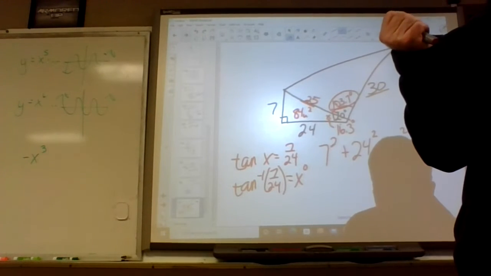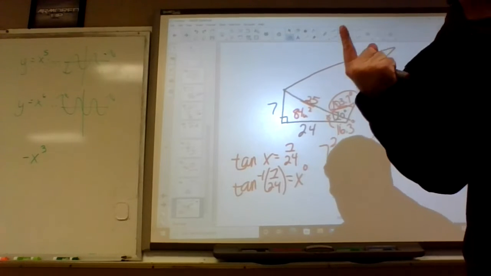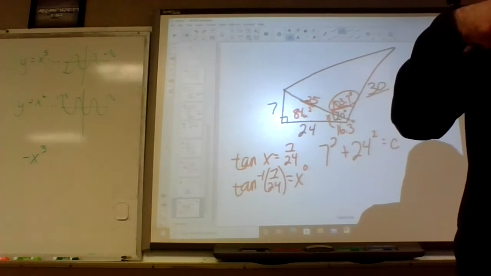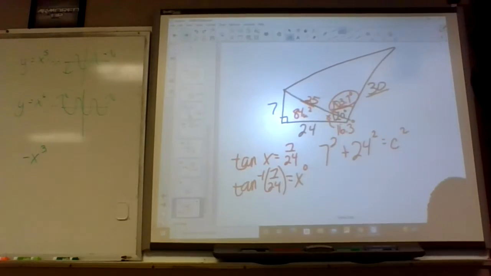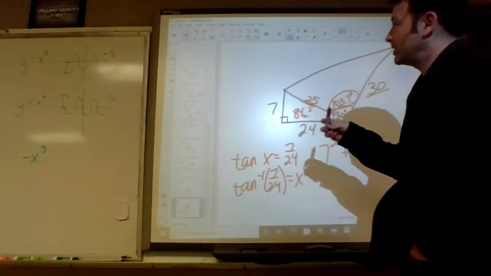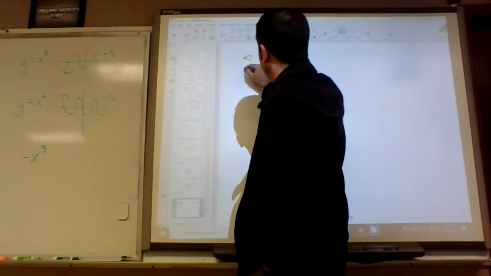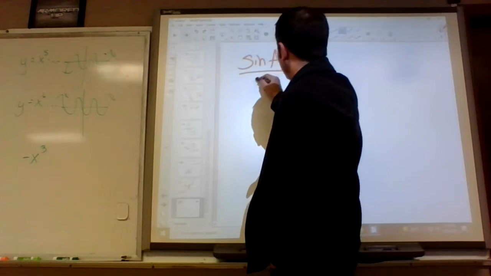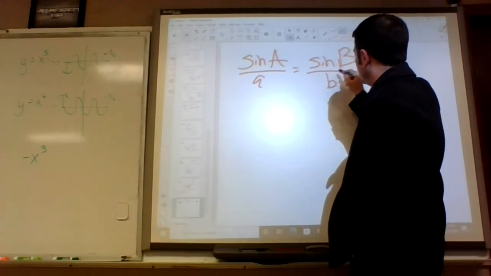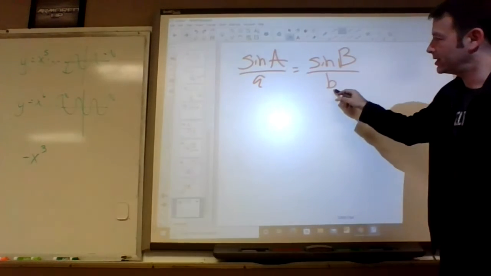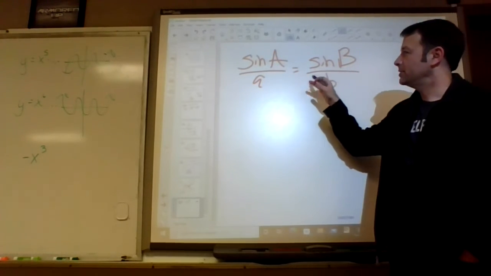On law of sines, you need a side and an angle across from that side and another side. You have to have 3 out of 4 of those things. Sine of A over A equals sine of B over B. We have to have at least 3 of these 4 things, and then we can solve it.